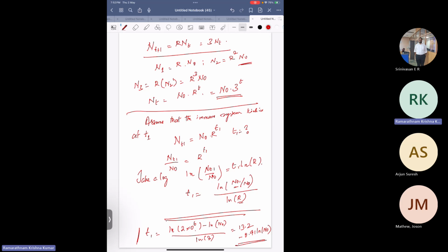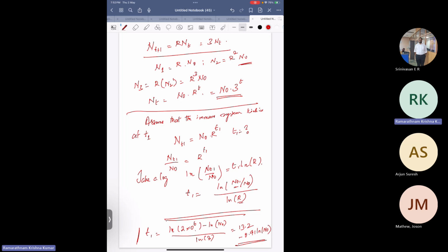Joseph, what do you understand from this equation? If ln N0 tends to 1, then the answer would be 13 point something. What is N naught? The initial concentration. Yeah. So what does it say? What happens when N naught is 1?